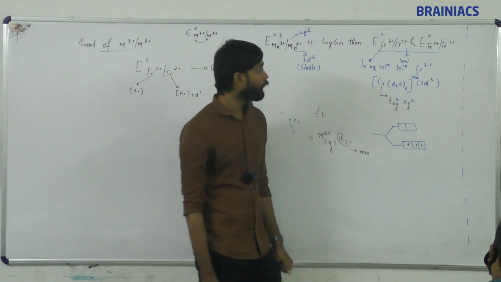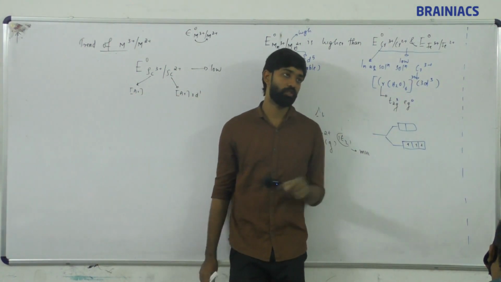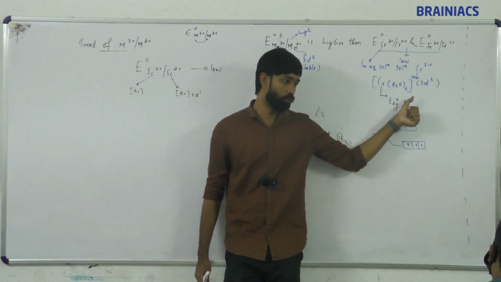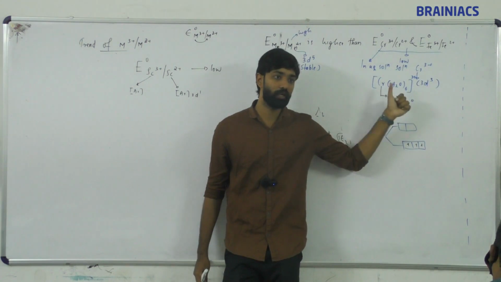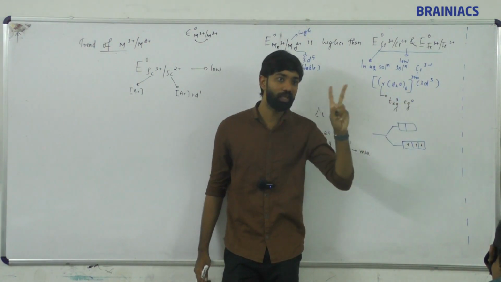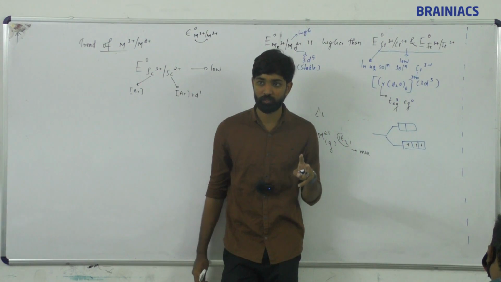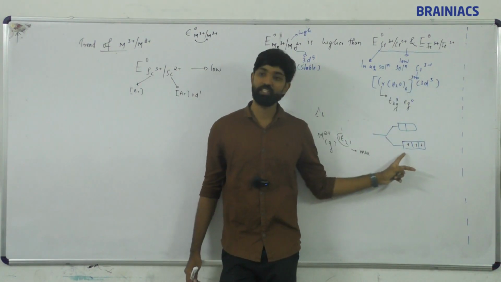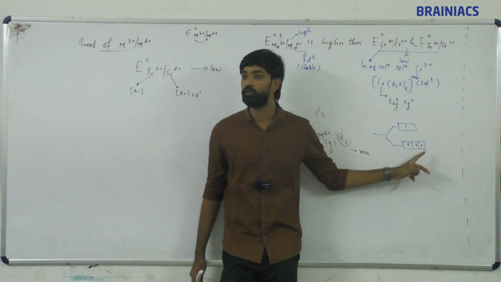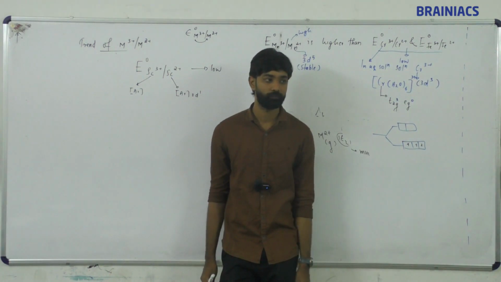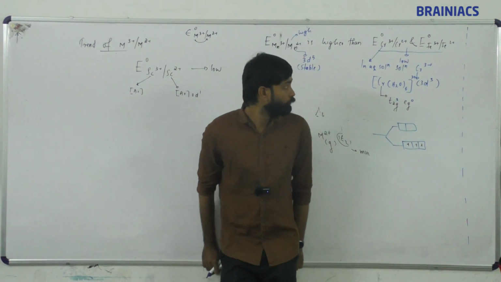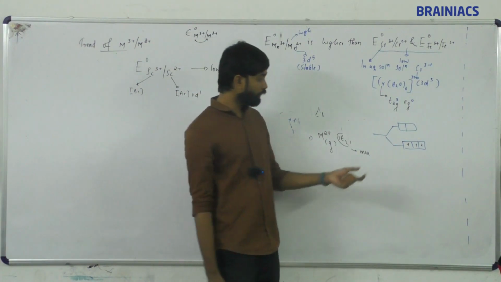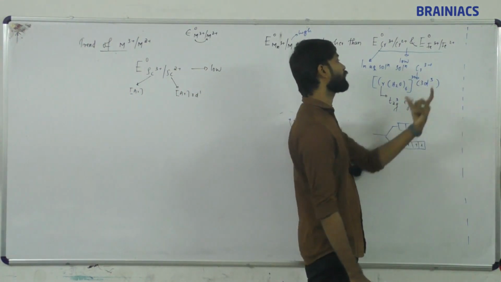So if chromium is in the +3 oxidation state, moreover in aqueous solution, it has an octahedral geometry where the 3 electrons are arranged in T2g, which becomes more stable. Ready? It's not based on half-filled stability, but on crystal field stability.